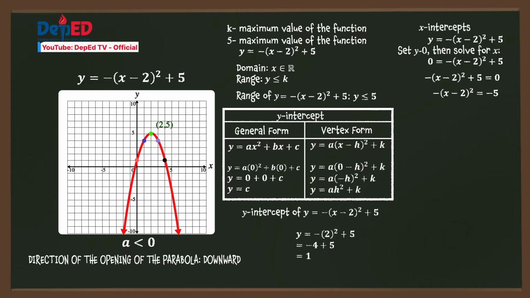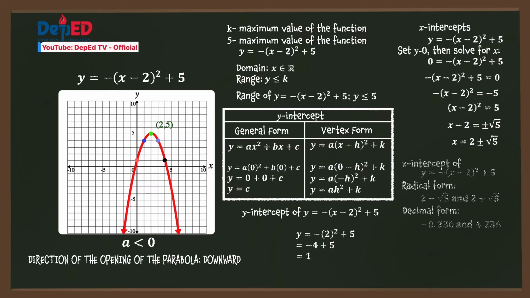Dividing both sides by negative 1 for step 3, the resulting equation is the square of x minus 2 equals positive 5. Step 4, by the square root property, this means that x minus 2 is equal to positive or negative square root of 5. And step 5, adding 2 to both sides, we obtain that x is equal to 2 plus or minus the square root of 5.